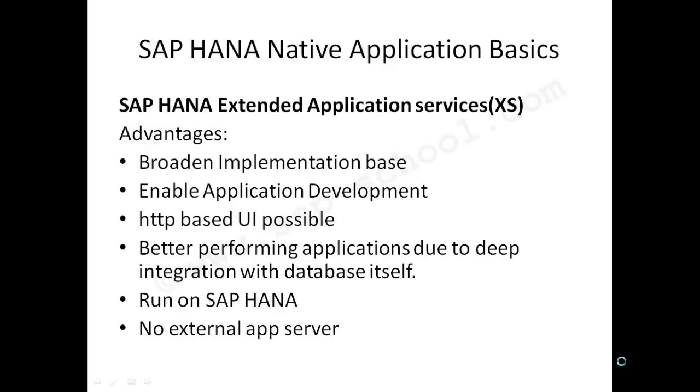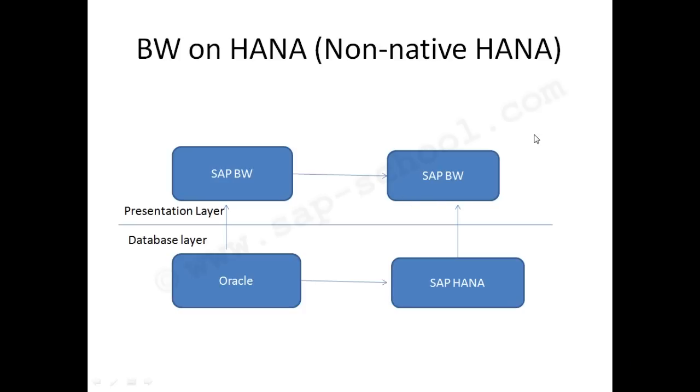Moving on, I have a small slide on BW on HANA. What it means is it's a non-native application. Here we can see that Oracle is connected to BW in the original scenario, and what we do is transform the Oracle database into SAP HANA using one of the different methods we discussed before. Then we upgrade BW to whatever the current version is or whatever version works on HANA, and then we connect SAP HANA to BW.